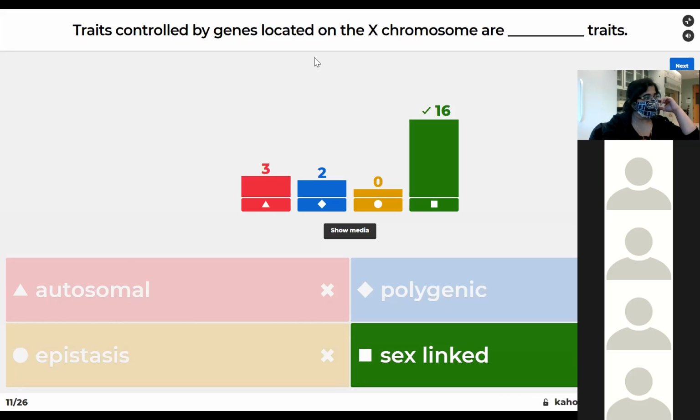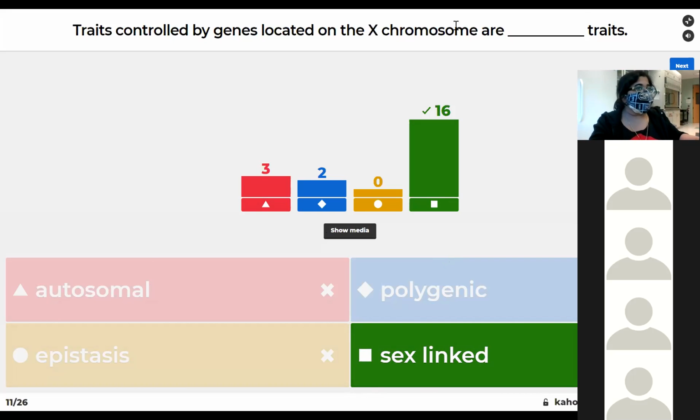Autosomal is more other traits that are not on the X chromosome. So anything that's not on the sex chromosomes is an autosomal chromosome or autosomal trait. Okay? Does that make sense? Yes. Okay, good.